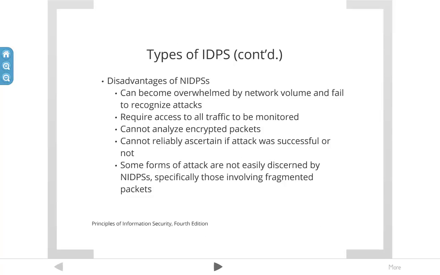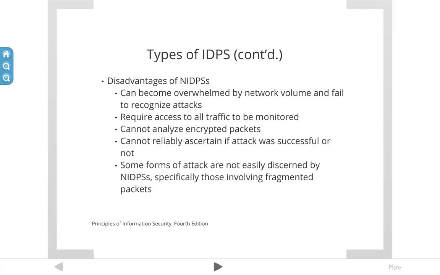Okay, so here are some of the disadvantages. It can be overwhelmed by network volume and fail to recognize attacks. If you have a denial of service attack going on, your network bandwidth is going to grow quite a bit, right? And so the question is, even though your web server can perhaps reply quickly enough, can your network IDPS also sustain that level of performance hit?